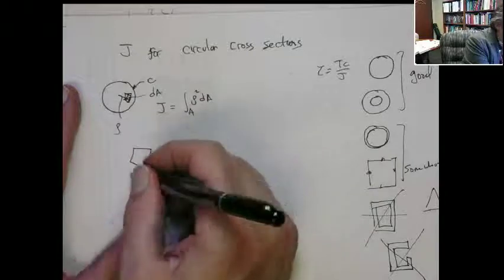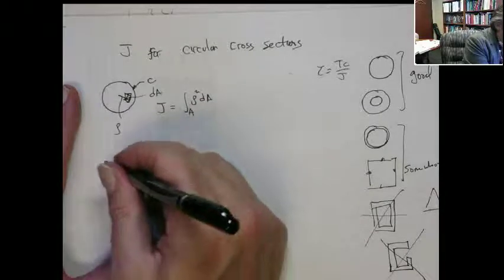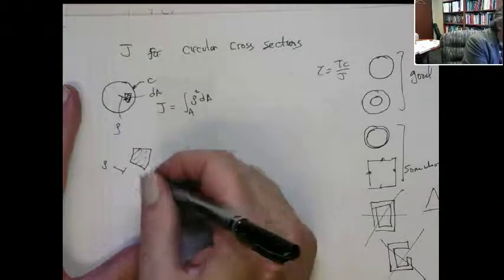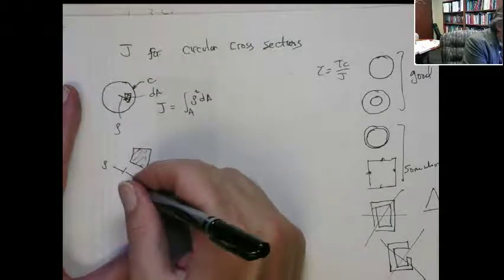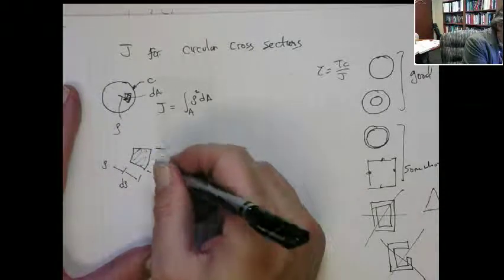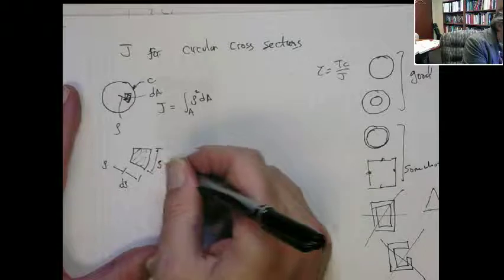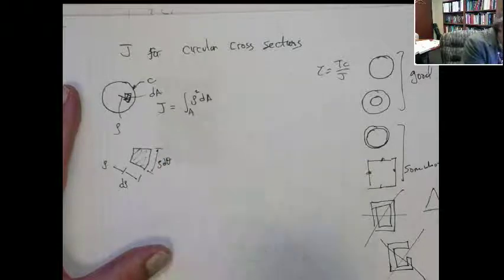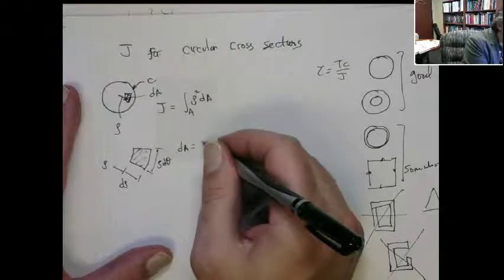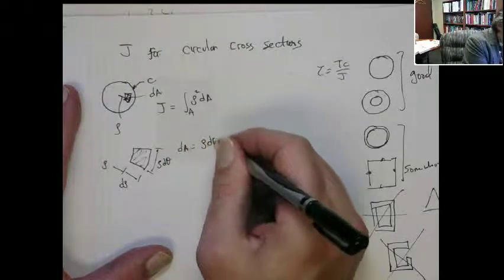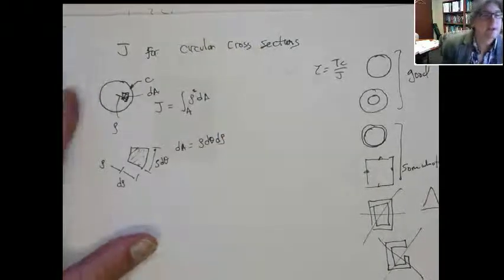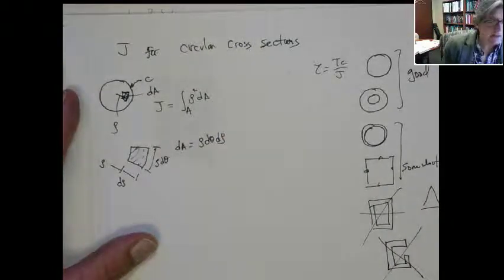It looks like this. This is rho. This differential area, we can write this as: this distance here is rho d theta. So dA is rho d theta d rho. That's the differential area.